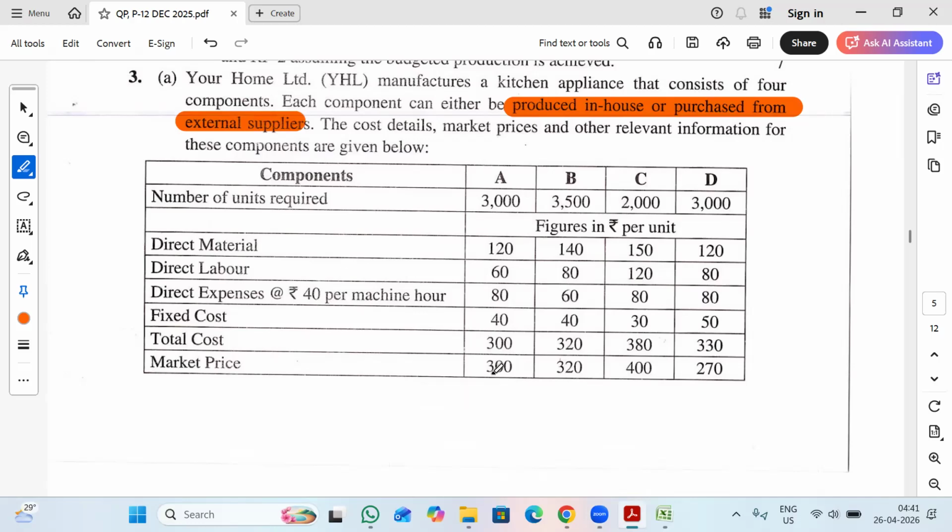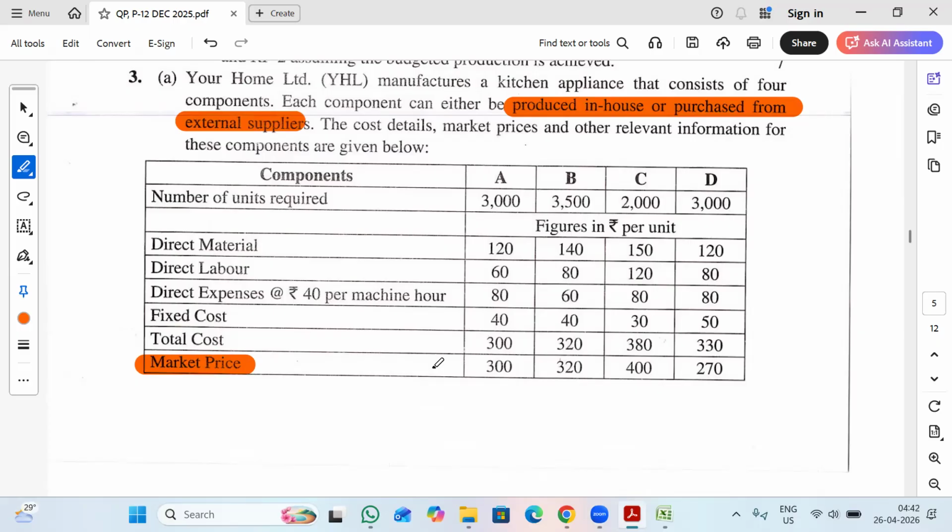Say for example, at 300 rupees, I can purchase A. We won't have a selling price because we are not selling component A, B, C, or D. We are manufacturing the kitchen appliance and we will be selling that only. Instead, we have a market price, because if we want to purchase from outside, that is the price we need to pay.